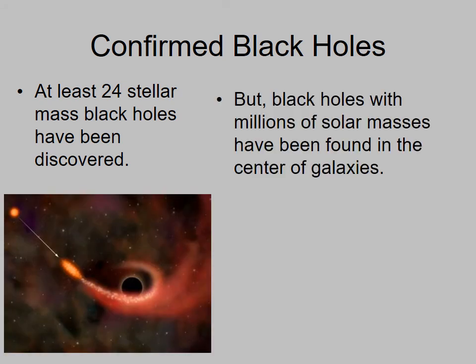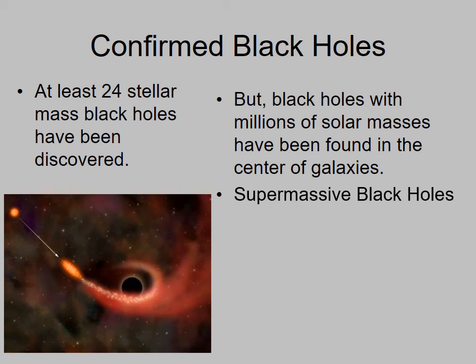We've also found in the center of galaxies some black holes that are millions of solar masses or more. In fact, almost every galaxy that we can measure has this giant, supersized black hole at its center. And so we call these supermassive black holes. For a long time, that's all the black holes they knew about.